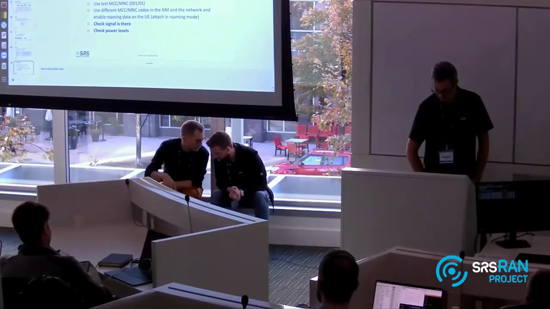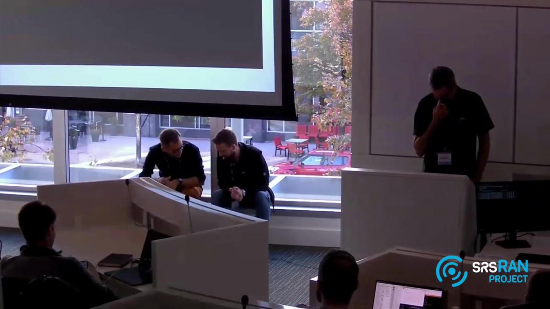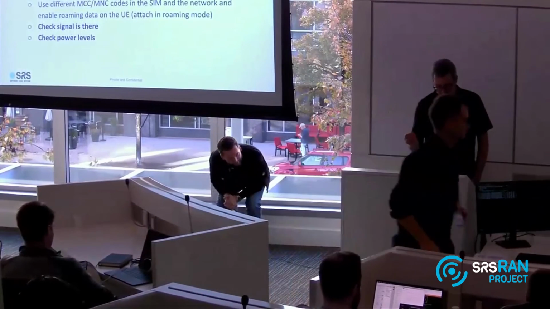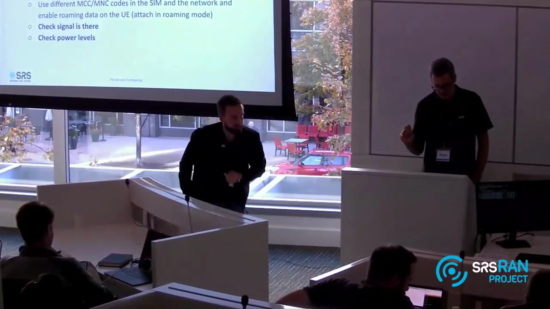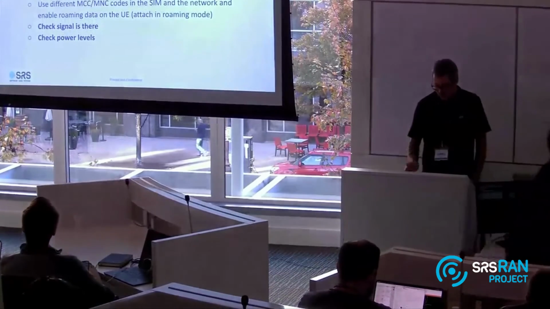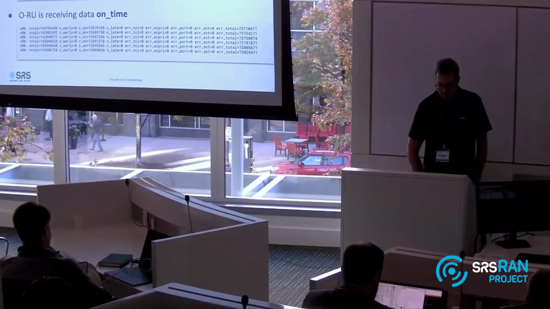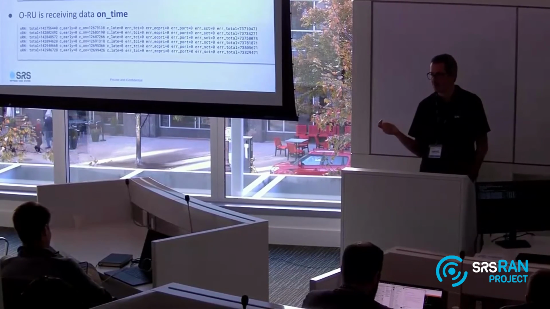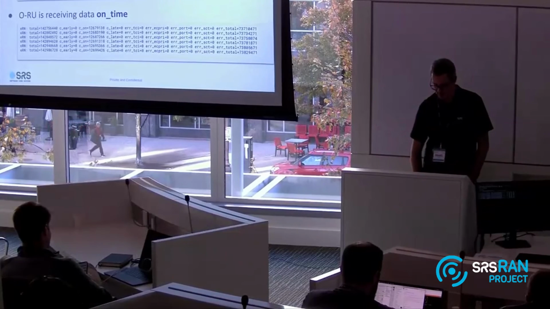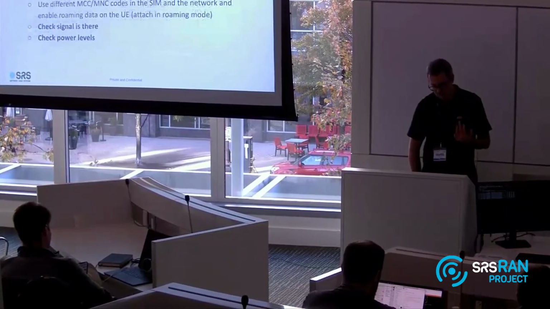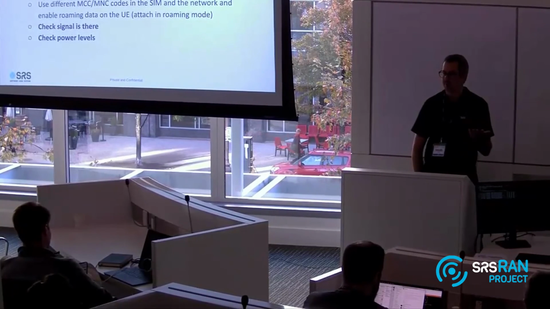So what to do when things go wrong? The first problem that you can see is that you don't see anything in the logs, in the console, sorry. You see this. So you turn off airplane mode, but you see this. You don't see any line like this one. Even if you look at the logs, you enable the logs, and you don't see any PRACH.